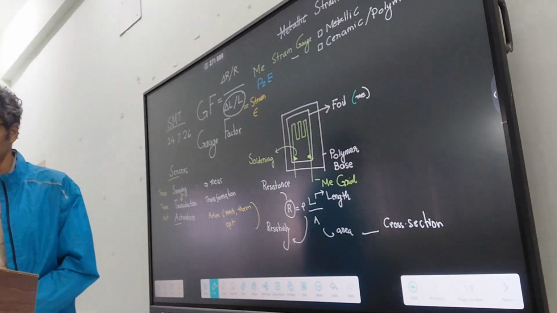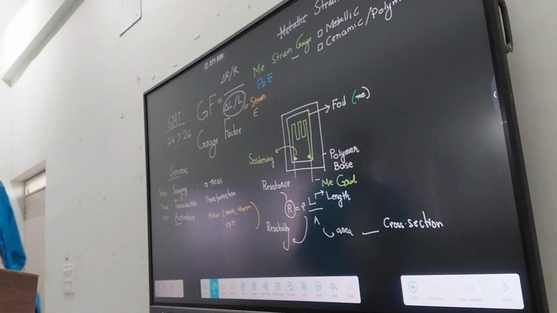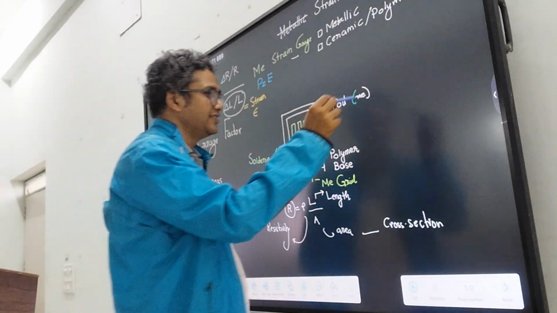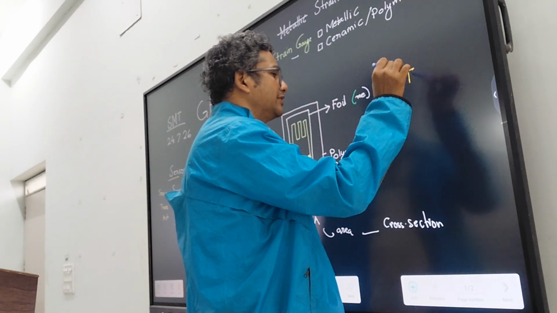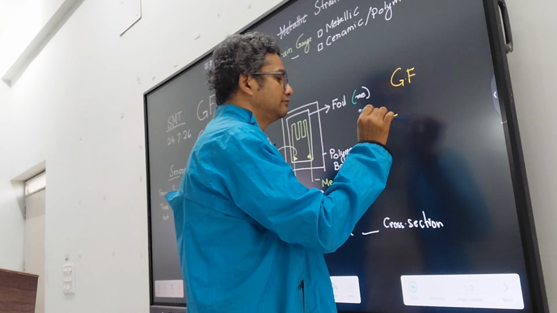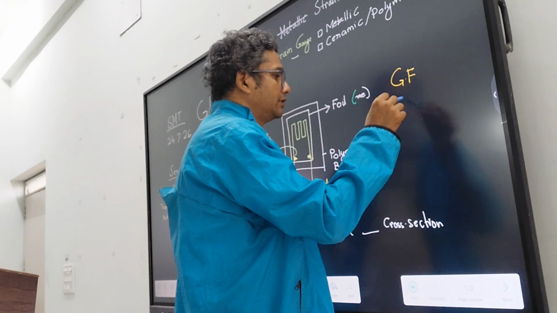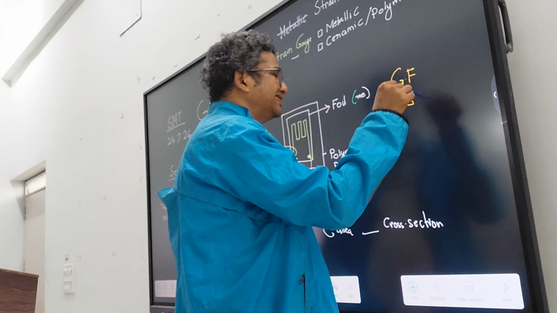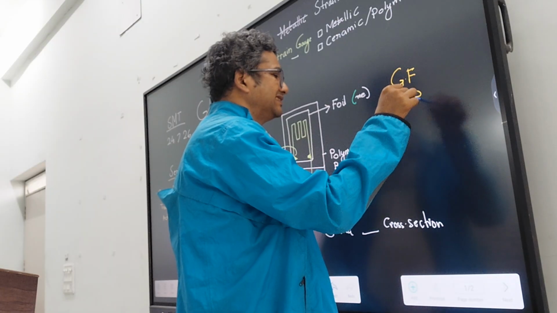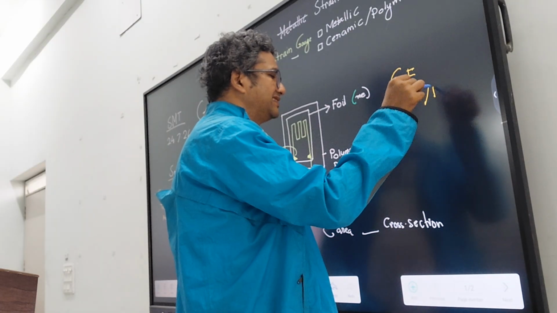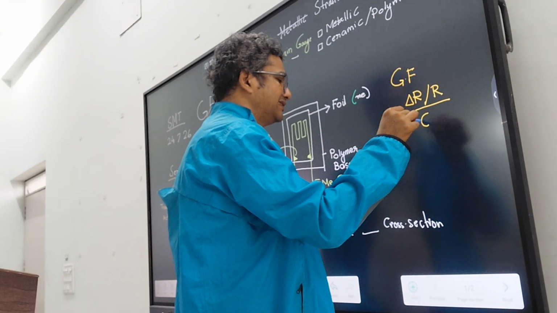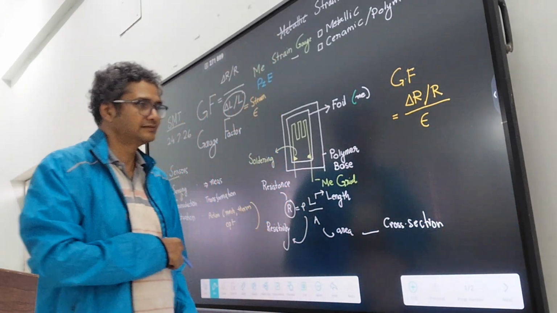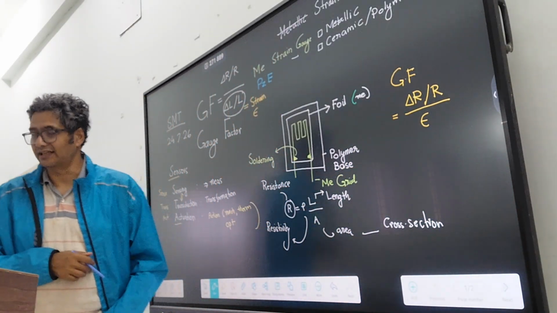Change in length. So we can write the gauge factor GF as equal to delta R by R divided by strain. This is the gauge factor.